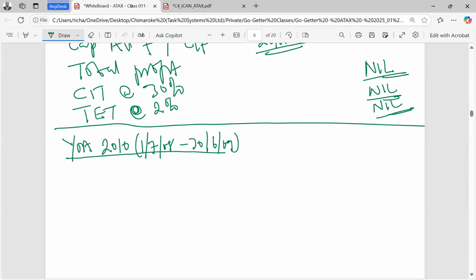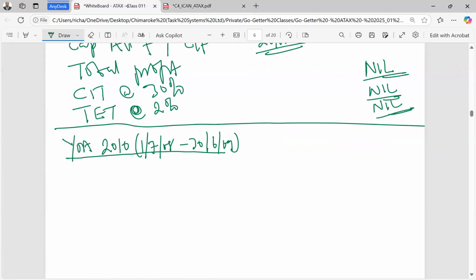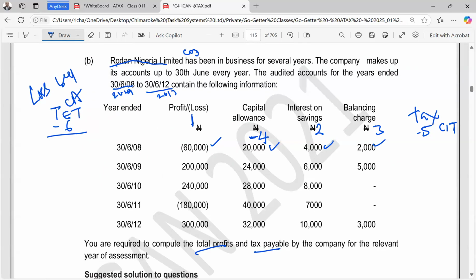So we'll come again, we say the profit or loss, so that there is a profit of 200,000. So you say net profit 200,000. The next thing to do is interest on savings, 6,000.